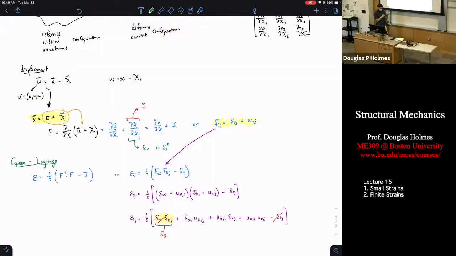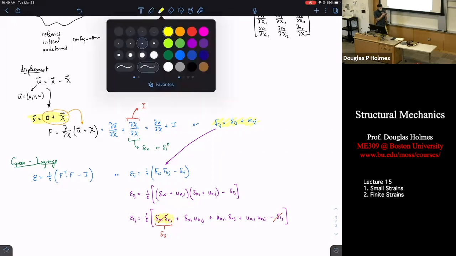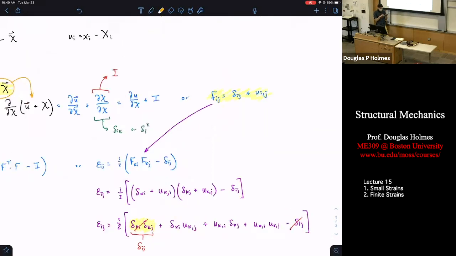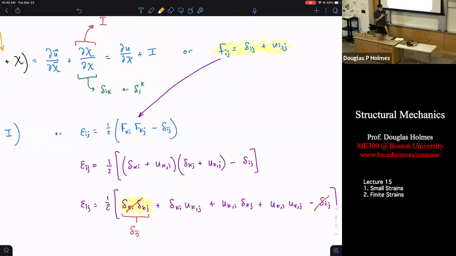So Kronecker's delta here is saying take the k and the term that it's multiplying and change it. So this term has a k, this term has a k, change the k and the u to an i because of this i.